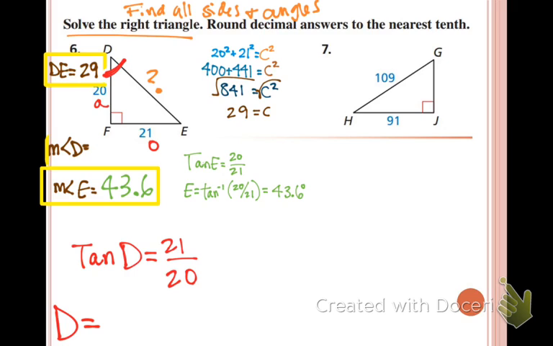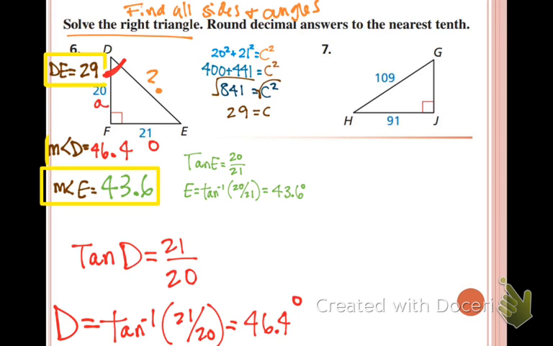So how do I solve for angle D? The inverse. So shift tangent. Tangent to the negative 1 should pop up. Type in 21 over 20. It should be 46.4. Yeah. So 46.4. We're going to circle it. Box it in or whatever.